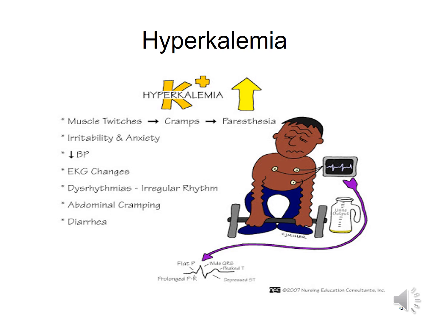And on page 179, chart 11-6, be familiar with the foods that are high potassium and those that are low potassium, and be able to apply those to the diet of people with hypokalemia and hyperkalemia. So you need to be thinking about what kind of foods would you recommend for somebody who has hypokalemia, and what kind of foods would you recommend for somebody who has hyperkalemia.